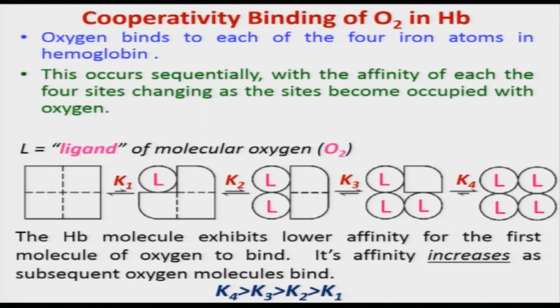So, K4 is more than K3, K3 is greater than K2, which is greater than K1, whereas the statistical order is K1 greater than K2, greater than K3, greater than K4, thinking that there is no interaction through protein chains between two iron centers or two heme centers, that they are isolated.